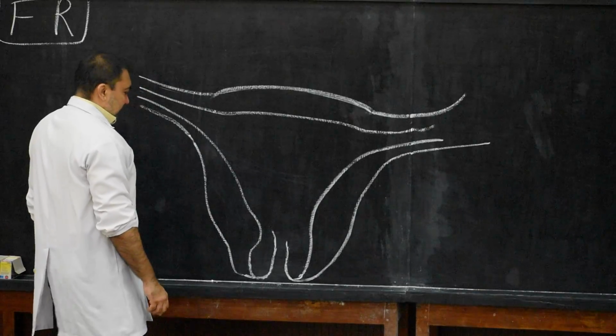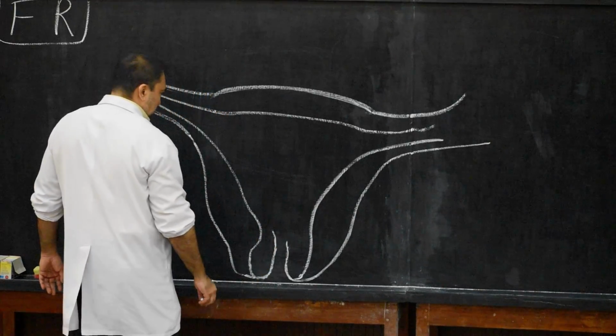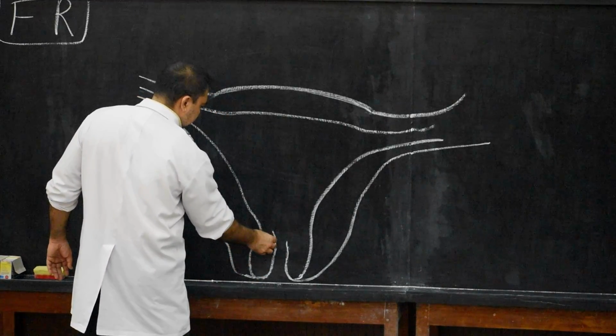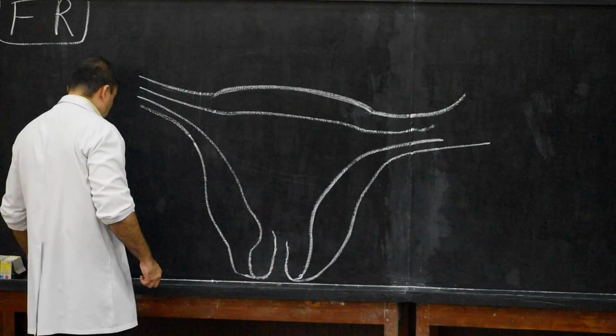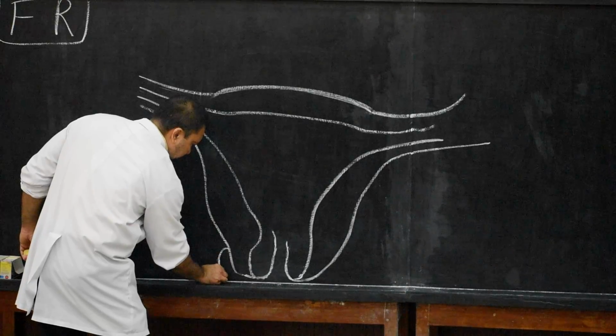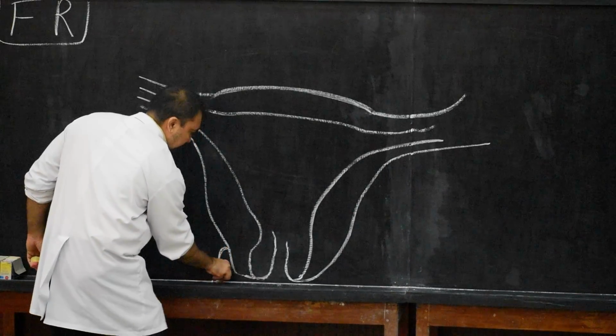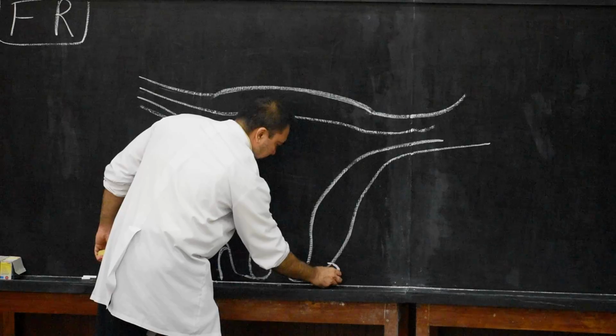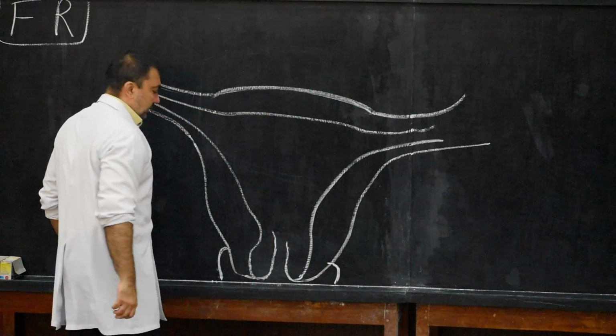Now, considering that here this is the cervix, and therefore we have to start with the upper end of vagina. Now here, since space is left here, we draw the upper end of vagina which will pass below.